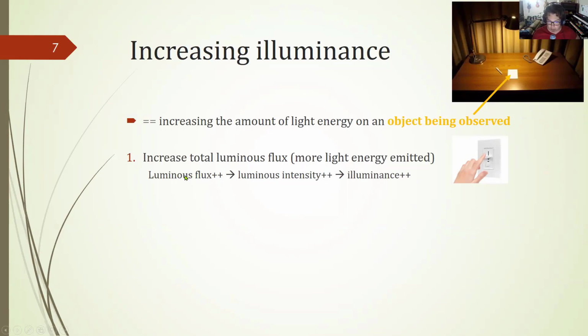Remember, the difference between luminous flux and luminous intensity is a factor of 4 pi, that's a good one to remember. And then the illuminance will go up by that factor as well. So if you don't change anything else about the location of the lamp, and you only change the amount of energy going into that light system, therefore more light energy coming out, then all of these factors affect illuminance, how much light energy strikes this paper right here.